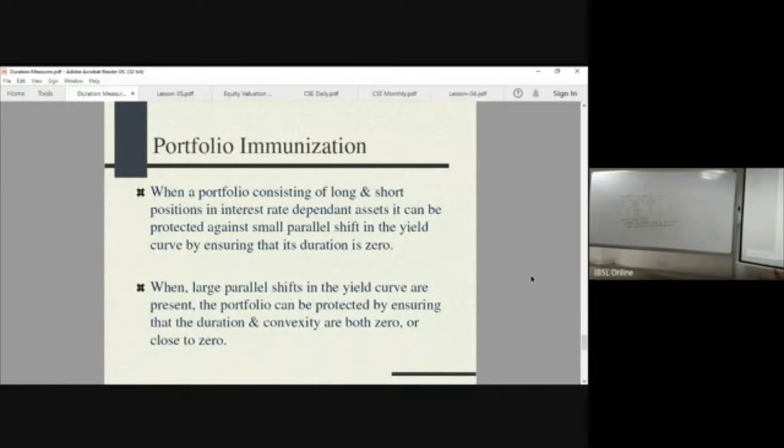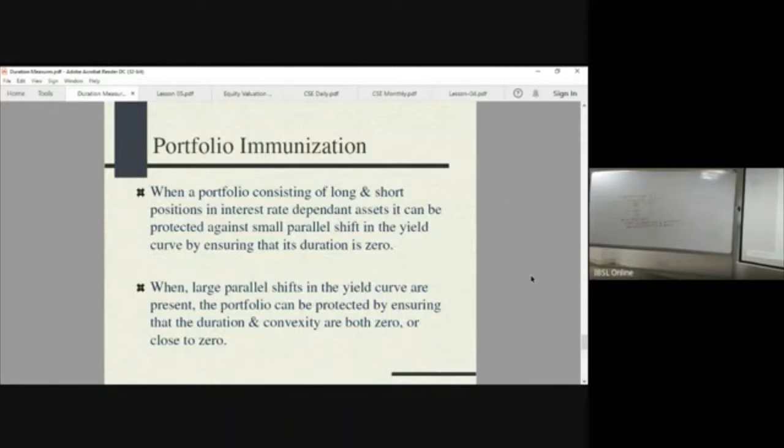When a portfolio consists of long and short positions in interest rate dependent assets, it can be protected against small parallel shifts in the yield curve by ensuring that its duration is zero. If you have a portfolio with zero duration, whatever the interest rate fluctuations in the market, it won't affect the portfolio. The total portfolio's duration is zero. That is what you call immunization. You need to do some manipulations and bring the portfolio duration to zero.